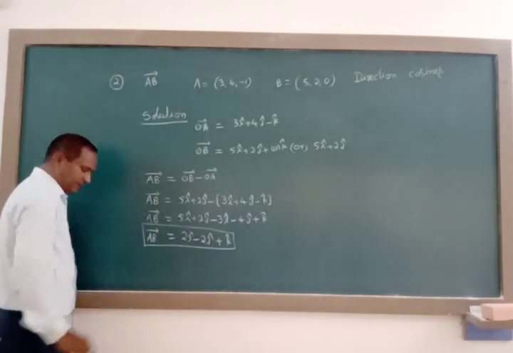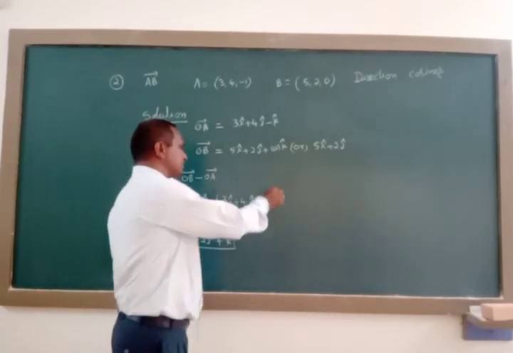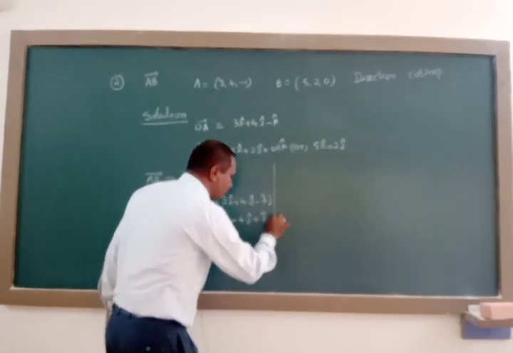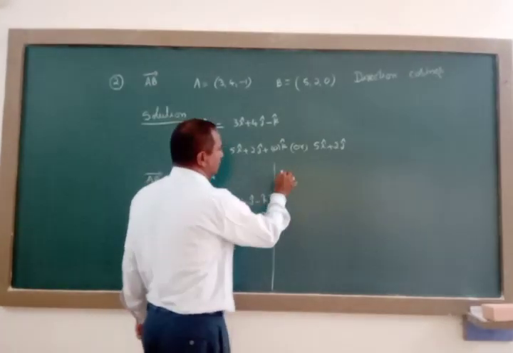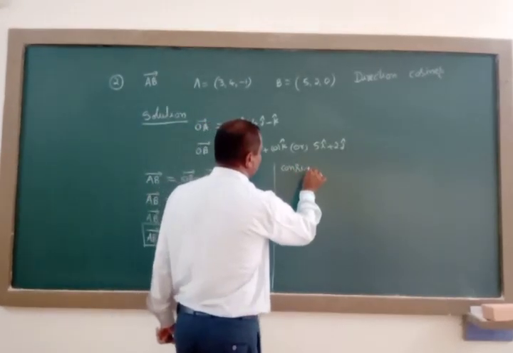Next, we need the magnitude to find the direction cosines, so let us find the magnitude of the given vector AB bar.